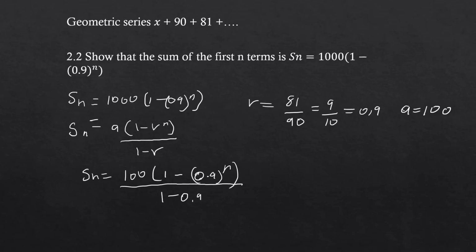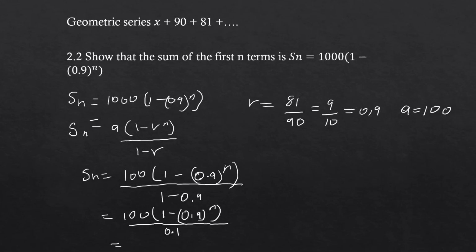So Sn is equal to 100 into 1 minus 0.9 to the power n, divided by, when we say 1 minus 0.9, we are left with 0.1.